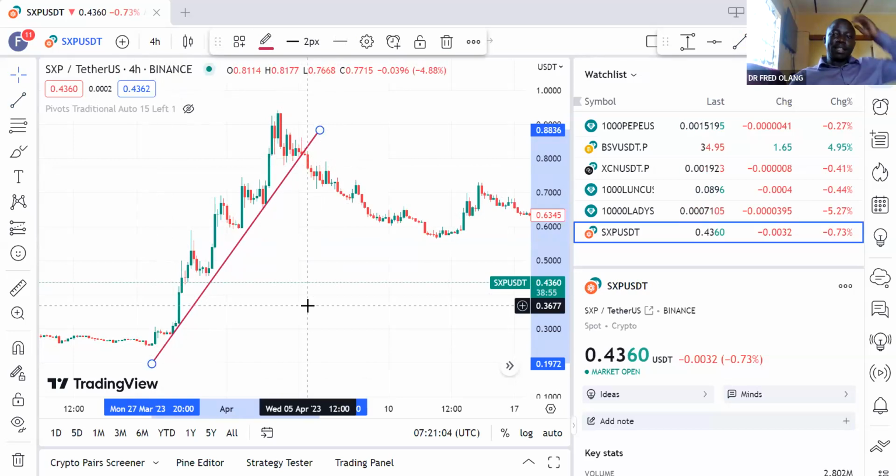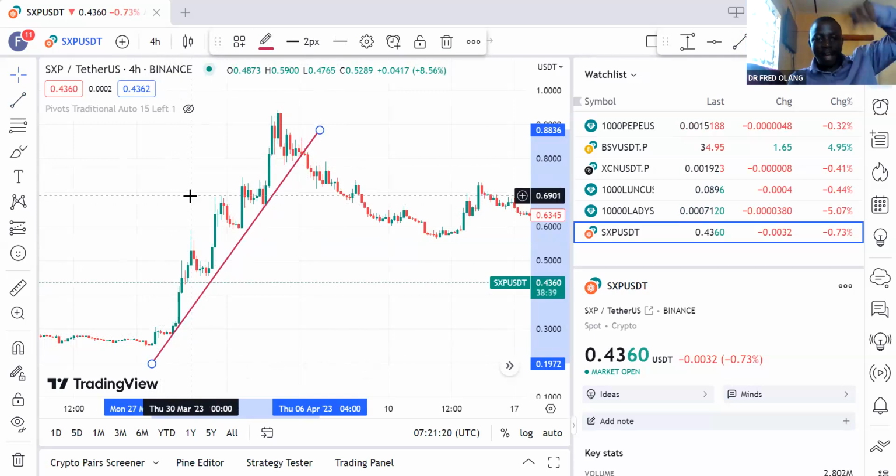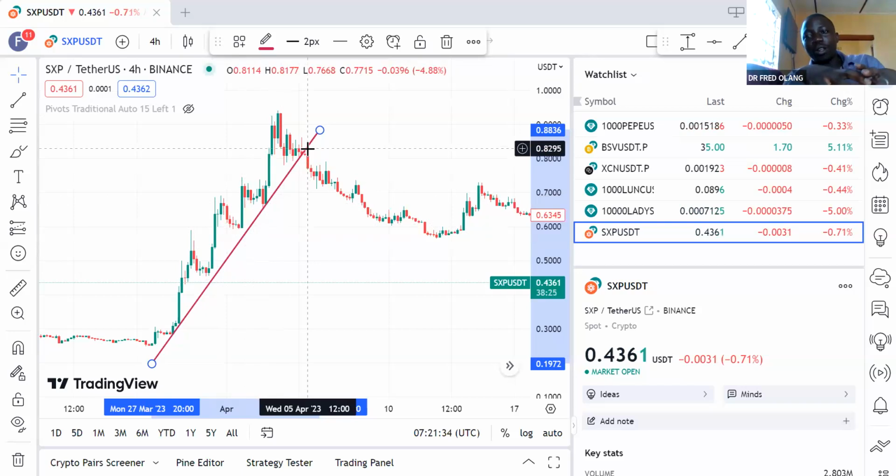Why? The coin is making higher highs and higher lows. When the market goes up and then goes down, it does not come back to the level where it was, then it makes another big move up. When it comes down, it does not go back very deep and makes another move up. That's what you call higher highs and higher lows.